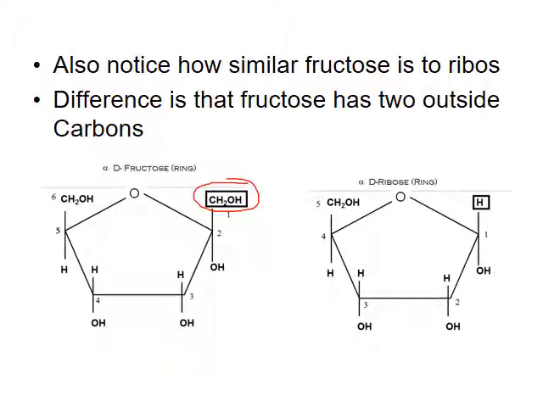So it's not the shape of the structure that tells me if it's a pentose. Okay, so this is a 5-ring structure, but it's a hexose. It's the number of carbons. So this has 1, 2, 3, 4, 5, 6 carbons, so it's a hexose. It's not shape that determines it.